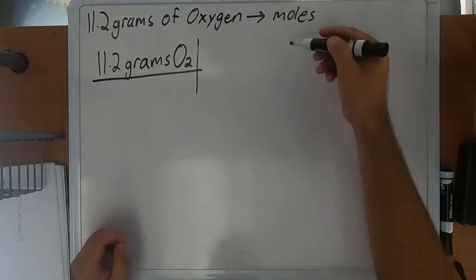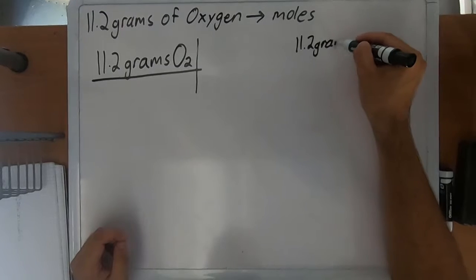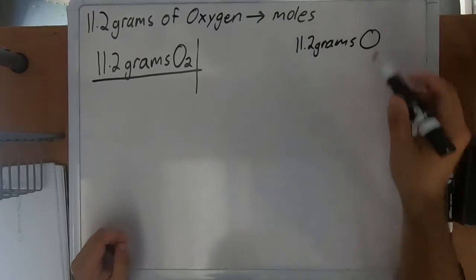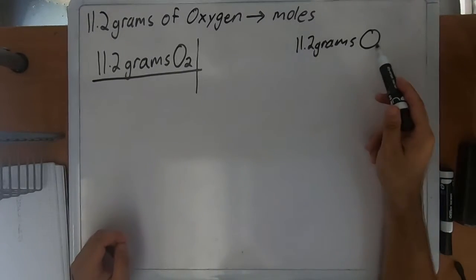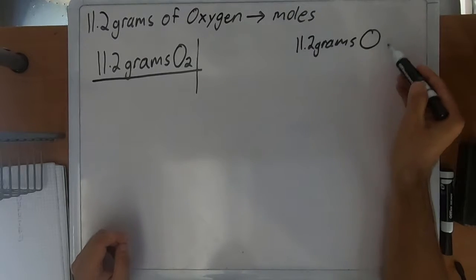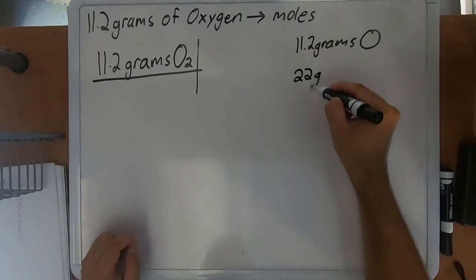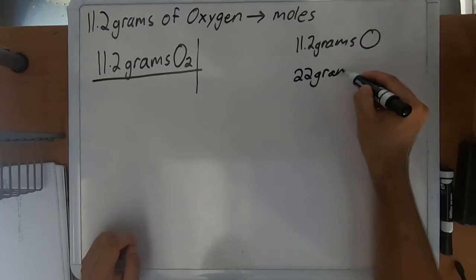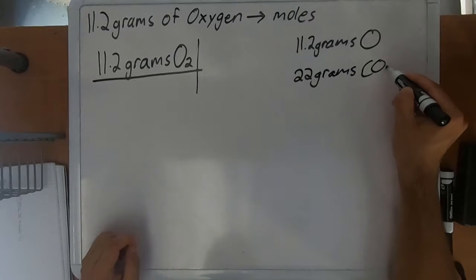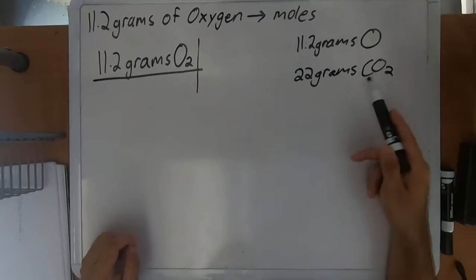Now, if they wrote the problem like 11.2 grams of oxygen, then yeah, there's only one oxygen. They wrote down the atomic symbol, and we're only dealing with one oxygen. In the last problem, we dealt with 22 grams of CO2. And yeah, we're dealing with two oxygens because it has it right there.